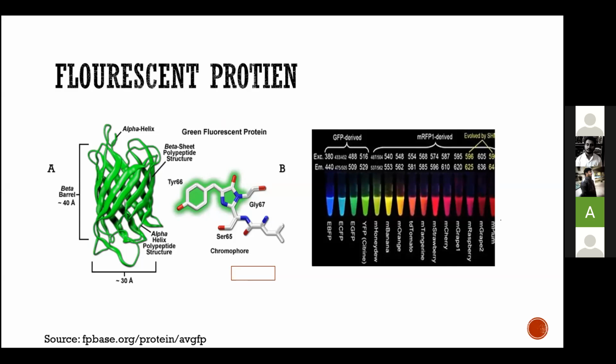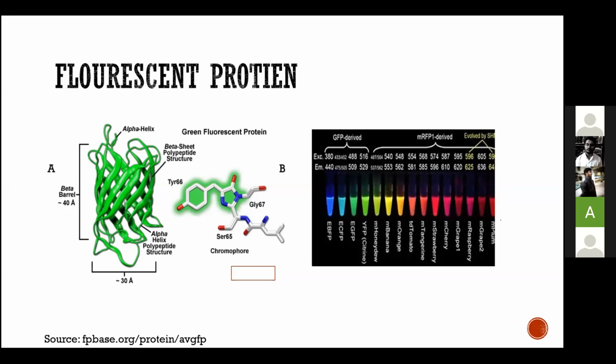The first protein found from this jellyfish was named AvGFP. It was isolated, and then someone crystallized the structure and found that green fluorescent protein has a beta barrel structure, and inside this beta barrel is the chromophore.